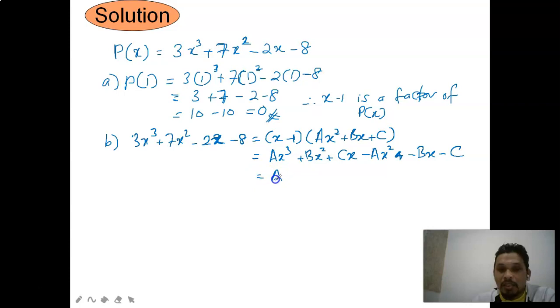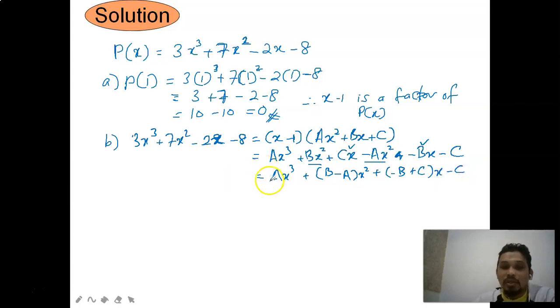So ax cubed plus bx squared and negative ax squared gives b minus a times x squared, plus negative bx and cx gives negative b plus c times x, minus c. So we are going to compare all this with this P(x).